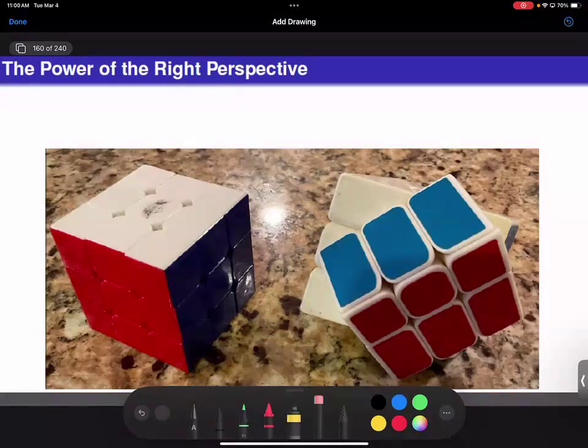The whole point of this was to get you to look at things the wrong way. Once you realize that if you look at it like this, it's the same as a standard Rubik's Cube with pictures on it. You have to be a little bit careful. If you have a normal Rubik's Cube that's mono, that's just straight solid colors on each side, you can't tell if the center square is rotated.